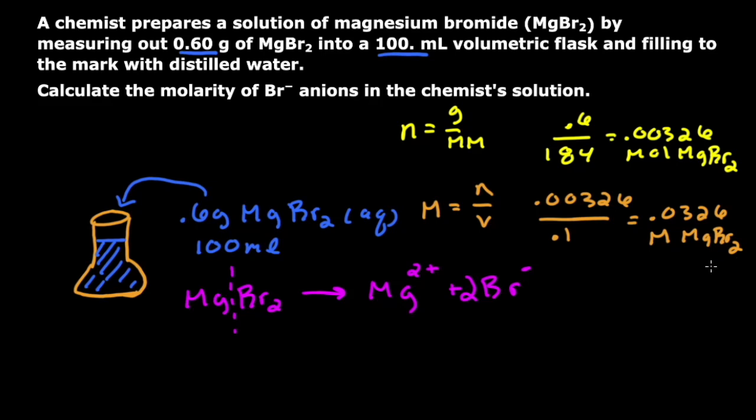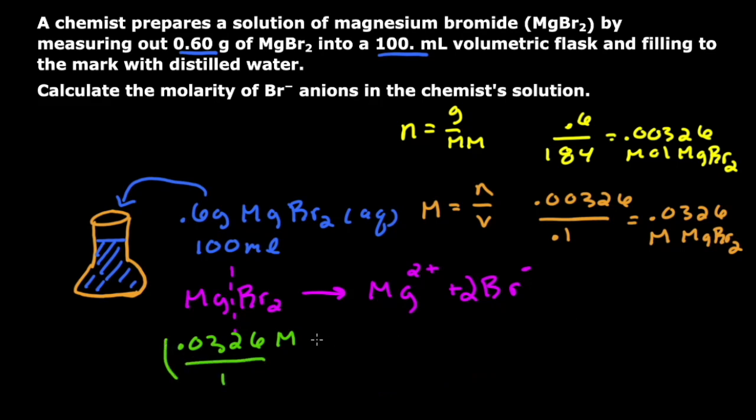MgBr2, like that. And so that number here is going to go right here and say we have 0.0326, and that's going to be the molarity of this MgBr2. And I'm going to go from this part here to this part over here, the Br. So I'm going to take this number here and put it over 1.